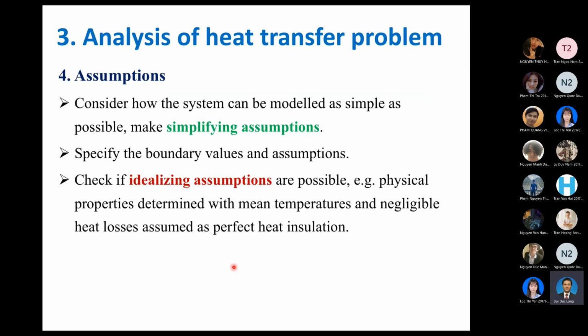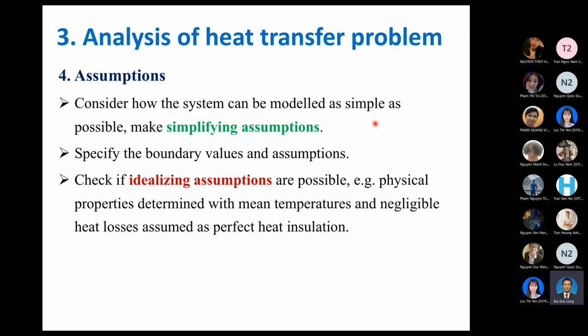The next one is assumption. Because the problem is very complicated, we have to simplify it to solve the problem. By making the problem simple, we have to make some assumptions. So first consider how the system can be modeled as simply as possible.